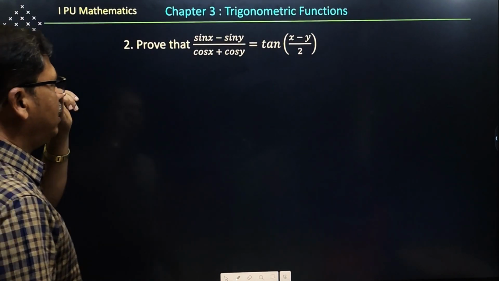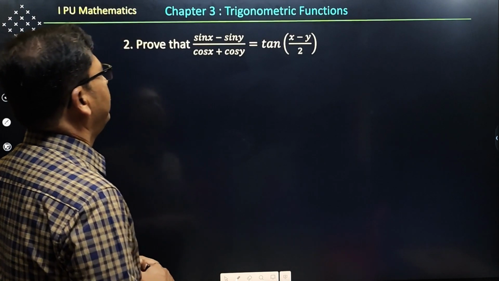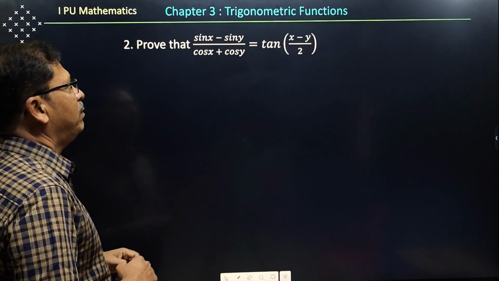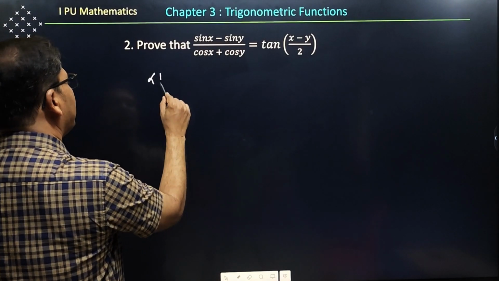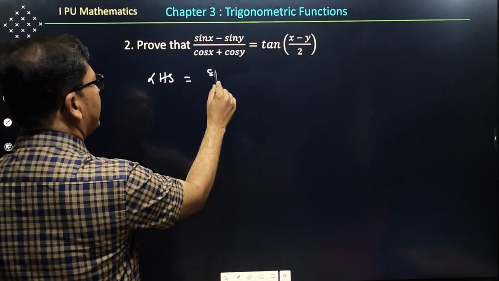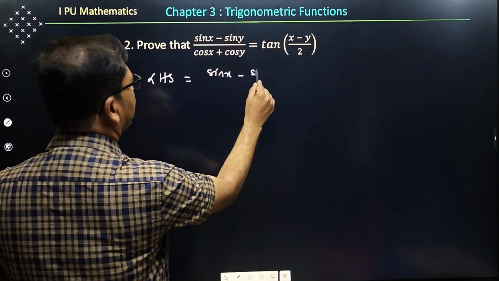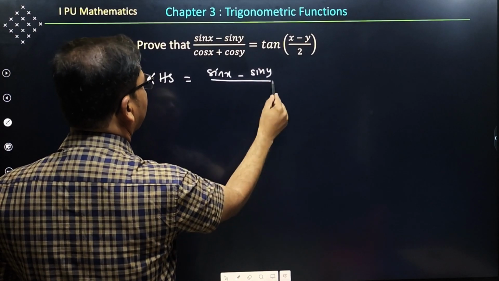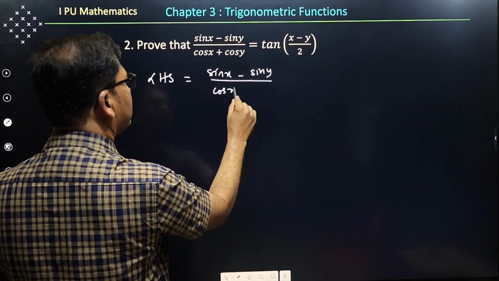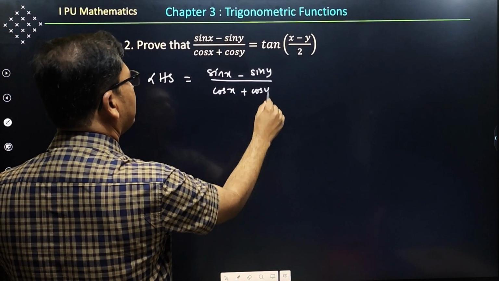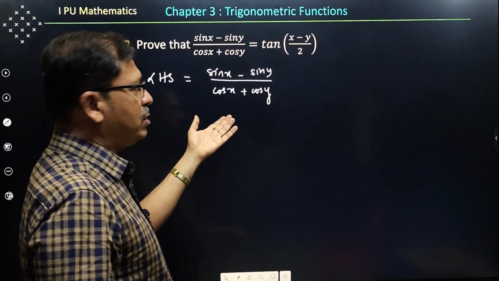Now the next question here, another similar question, but a different formula you need to use here. LHS part: (sin x minus sin y) divided by (cos x plus cos y). The denominator is cos c plus cos d.